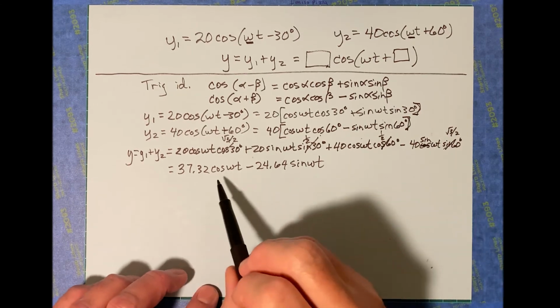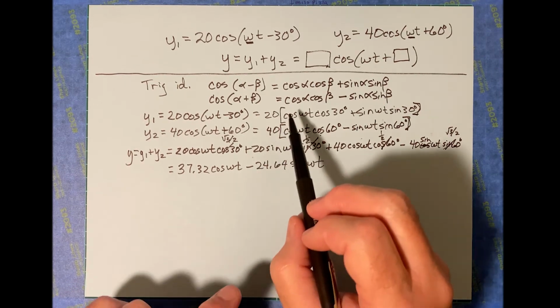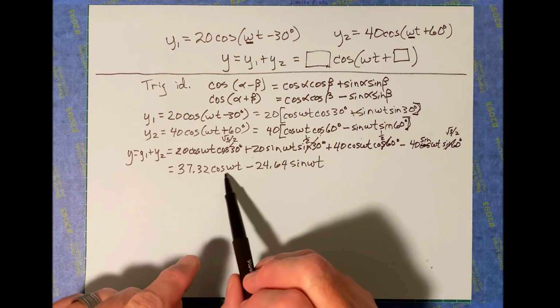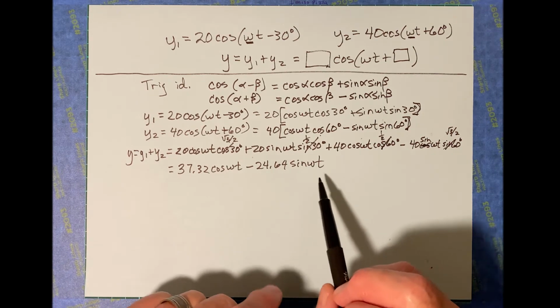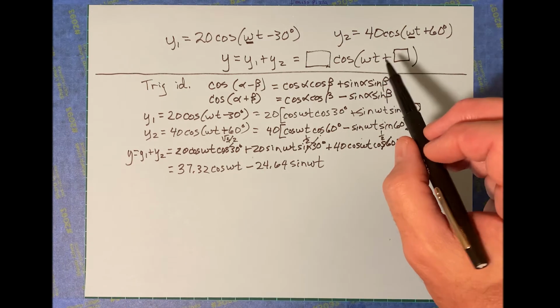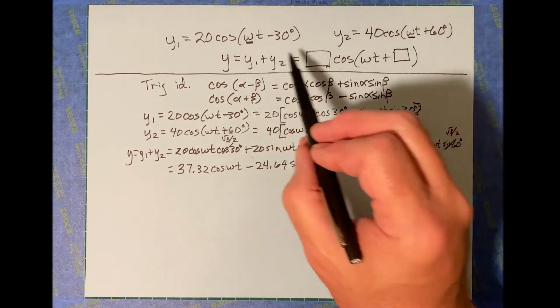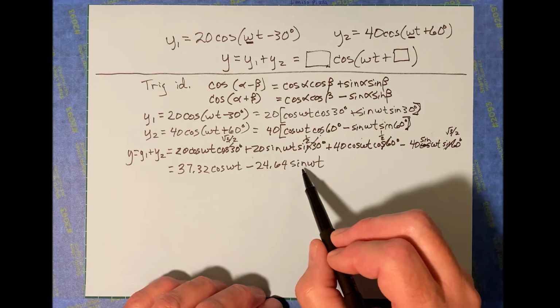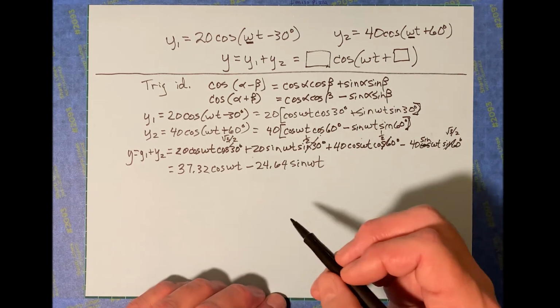Okay, we're not there yet, but we had to go through that step in order to get to something like this, a single cosine and a single sine. And you notice the omegas are the same. I've said it before, you would not be able to do this if the omegas were different.